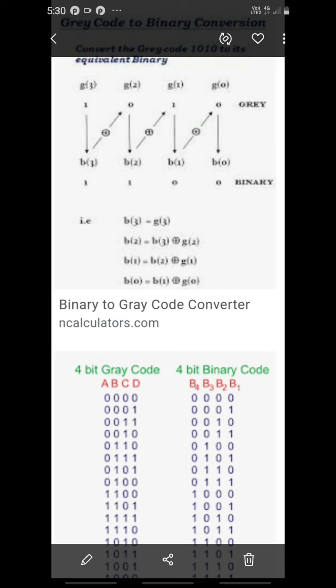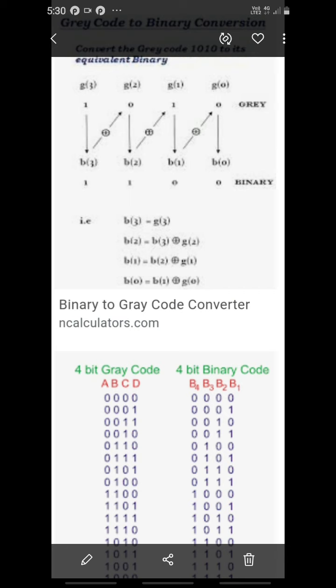And take 1111. So this one is the LSB. 1 is 1, 1 plus 1 is 0, 0 plus 1 is 1, 1 plus 1 is 0.